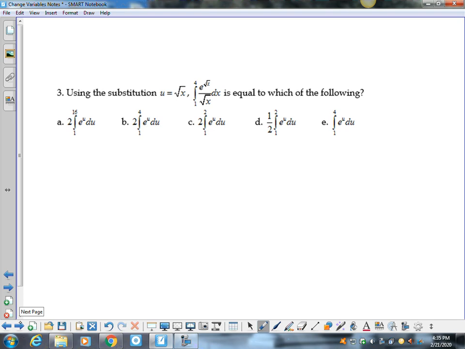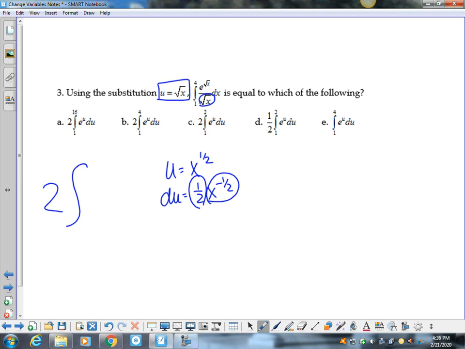Okay, let's look at number 3. All right, it's very nice. It tells me, but I think I would have known to let my u be the power. So if that's my u, okay, so this piece right here is him. So we need the 1/2, so I'm going to balance it with a 2. And that would give me e to the u du.